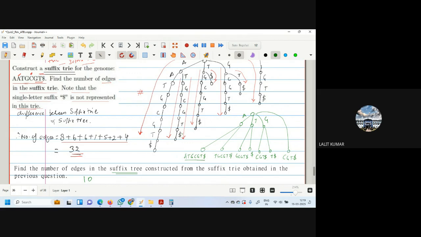Similarly, T is bifurcating into two, so one GCGT dollar and another is only dollar. Similarly, G is bifurcating into two, so I get CGT dollar, T dollar. And C, there is no bifurcation, so it can straight away be represented as CGT dollar. So if you add the number of edges, you get 10 for this.